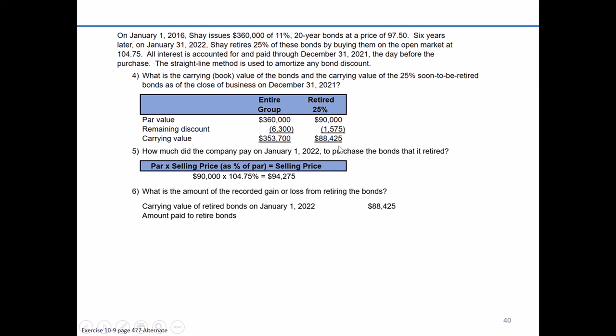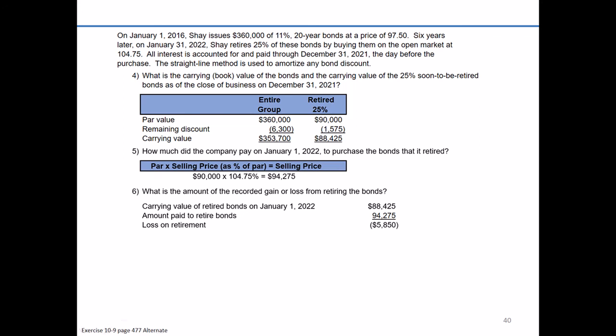If we can compare that to the amount paid to retire them of $94,275, the difference is $88,425 minus $94,275 is a difference of $5,850. We show that as a negative amount. This is considered a loss on retirement.